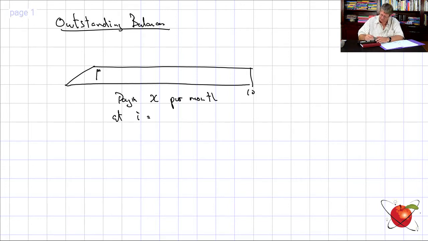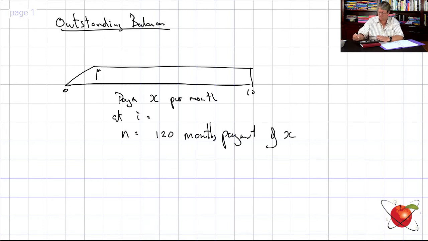And let's say we're paying this over 10 years. Therefore, N is going to be equal to 120 monthly payments of X dollars, yen, pounds, euros, rands, whatever you like. Every month we're going to pay, so there's 120 of them.